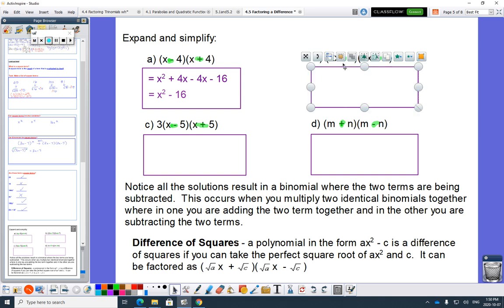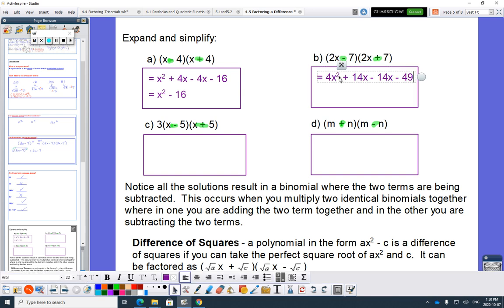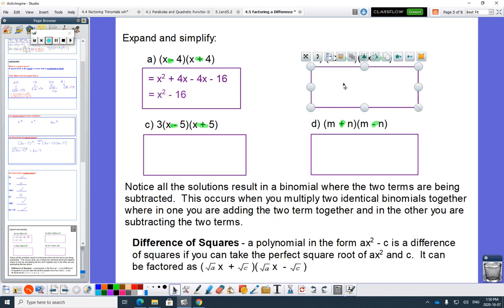Okay, so we're going to do the other one. We have 2x times 2x is 4x squared. So a number out front, no big deal, but it's still going to be a squared. Negative 2x times positive 7 is positive 14x. Negative 7 times 2x is negative 14x.